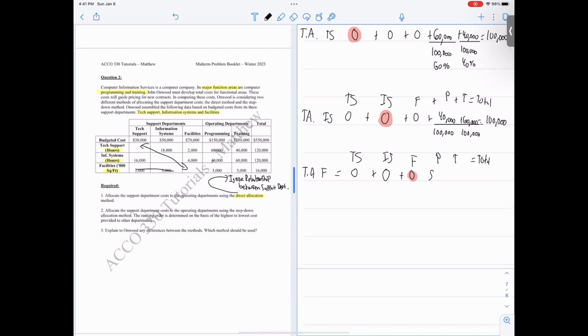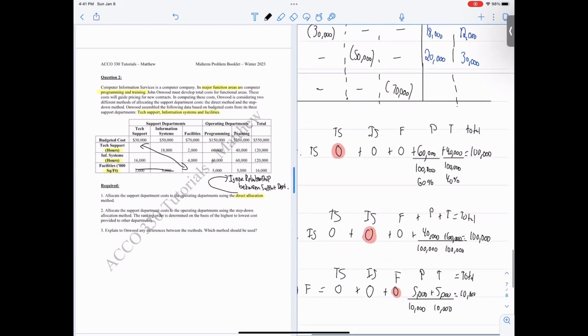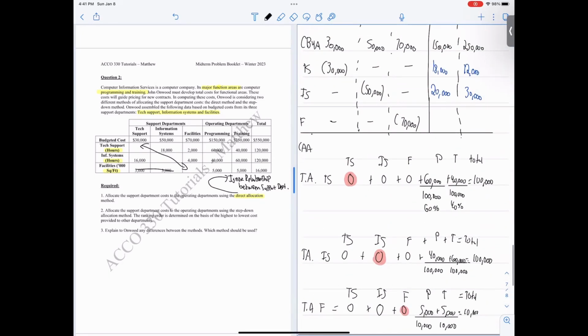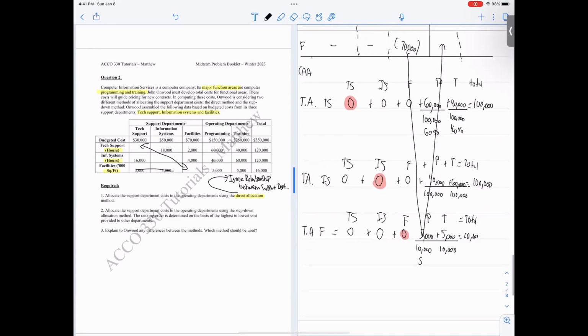So facilities helps program, providing them 5,000 square feet. Training, 5,000 square feet. Total allocation, 10,000 square feet. So proportions is 5 over 10,000 for programming, 5,000 over 10,000 for training. And now we can allocate the cost. So in other words, guys, programming uses 5,000, all right, of the total 10,000 square feet. In other words, guys, if you're good at math here, you notice they use 50%.